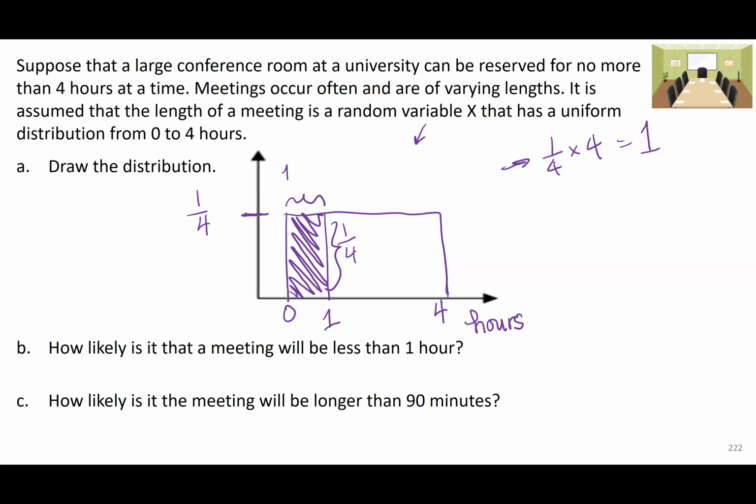How wide is it? Well, 1 minus 0 is 1. So my probability is 1 times 1/4, which equals 1/4. You could put it in decimal as well. There's a 25% chance that it'll be less than 1 hour.